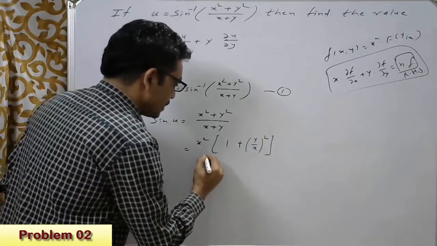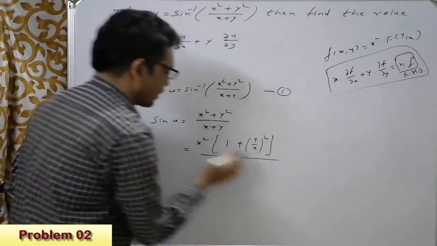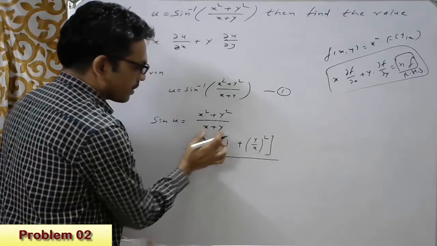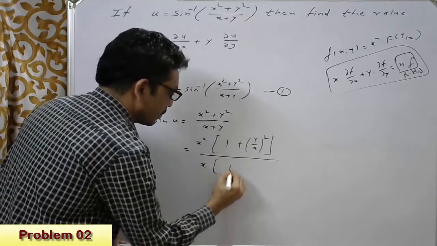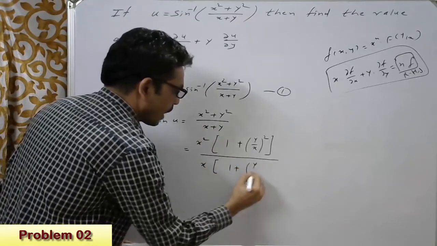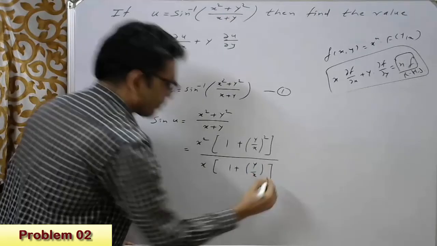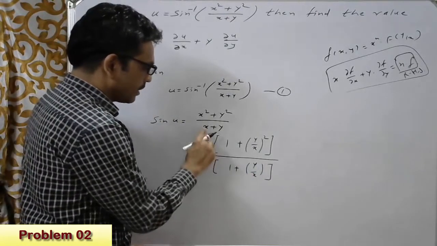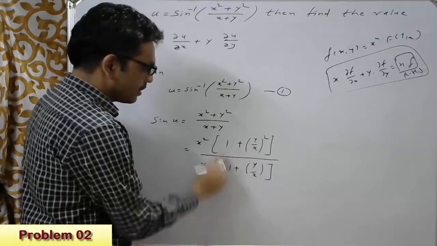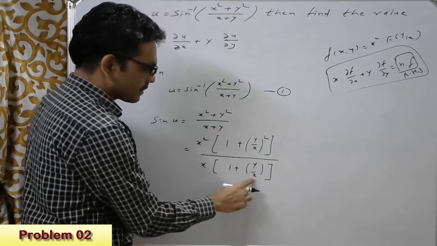Then this is divided by x plus y, where we take x common, in the bracket 1 plus y by x.